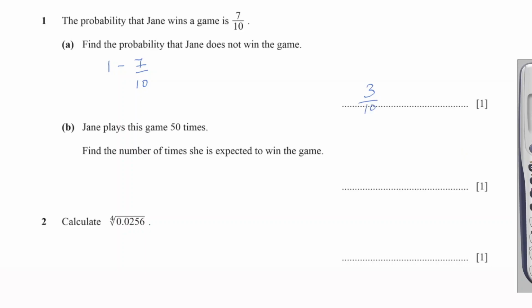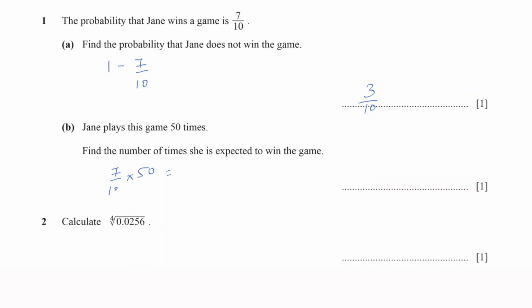Okay. Second, part B. Jane plays this game 50 times. Find the number of times she is expected to win the game. So they are asking how many times she is expected to win out of the 50 games that she plays. The probability of winning the game is 7 by 10, and if I multiply it with 50, I should get the number of times she wins the game.